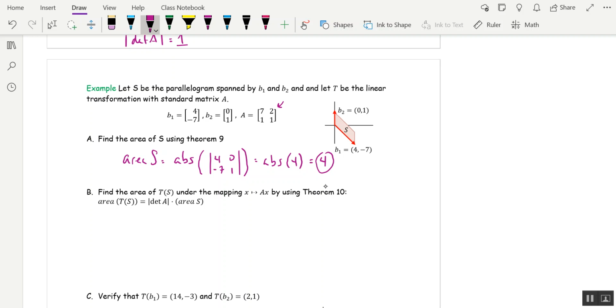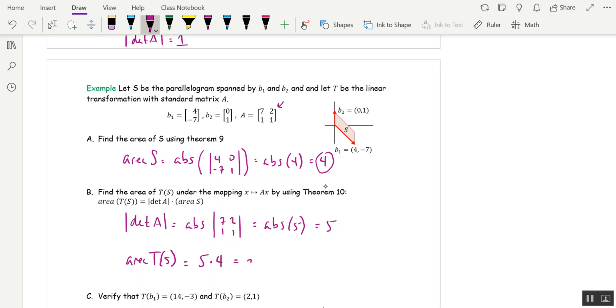So let's find the absolute value of the determinant of A. That's the absolute value of A, which is 7, 1, 2, 1. 7 minus 2 is 5. So there's an absolute value of 5, which is 5. So by theorem 10, area of T of S is 5 times the old area, which is 4, which is 20.